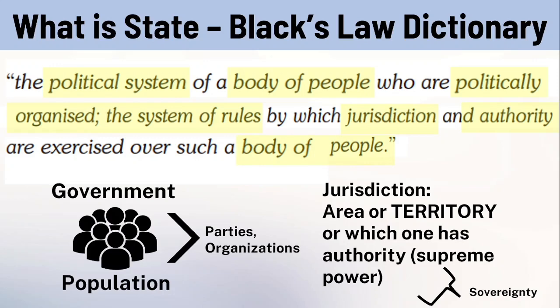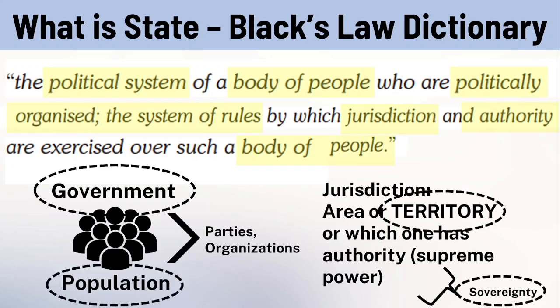These are all the keywords, and if you want to remember this definition, just remember, as I mentioned, the state has four elements: government, population, territory, sovereignty. This definition clearly makes use of all these four elements to define a state. That proves that this is the correct definition of a state, and it's also a way for you to remember it.